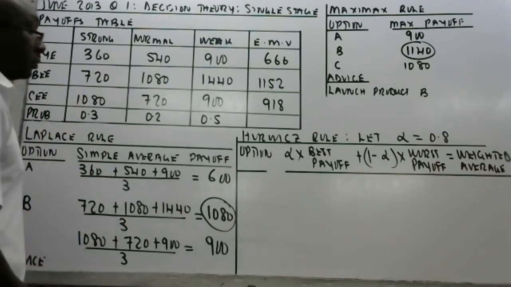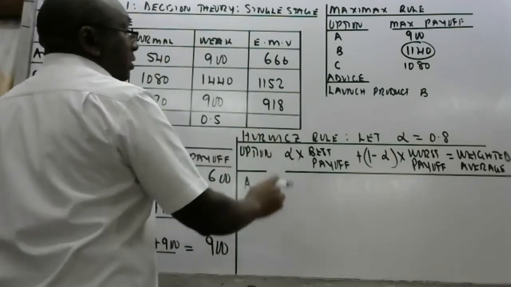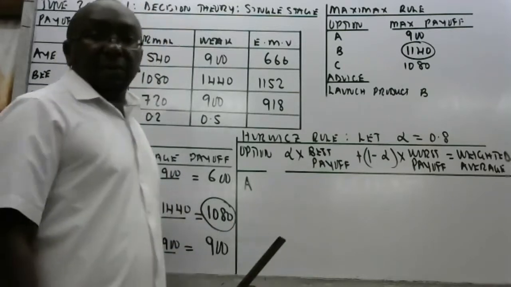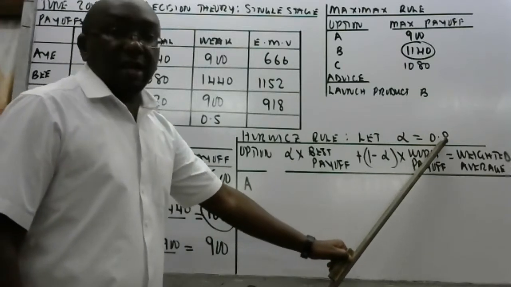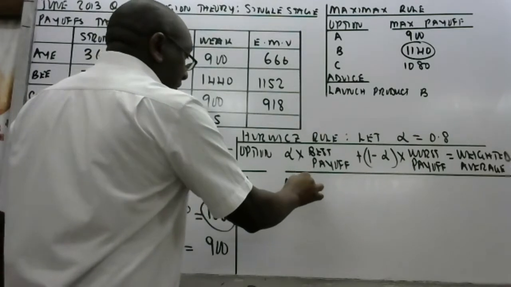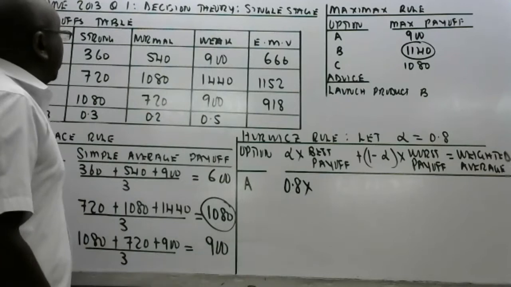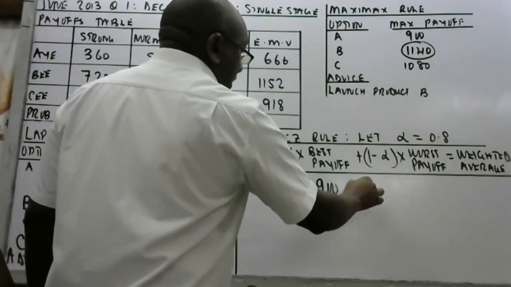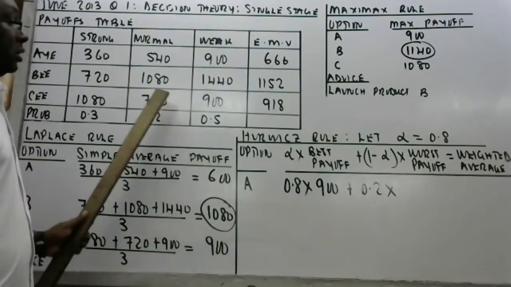So now, for option A, you take alpha, and I've said that has been assumed, but in an exam, if they want you to use Hurwicz's, they will have given you the value. So now, let us say 0.8 times the best payoff. The best payoff here for A is 900 plus 1 minus 0.8, that should be 0.2, times the worst.